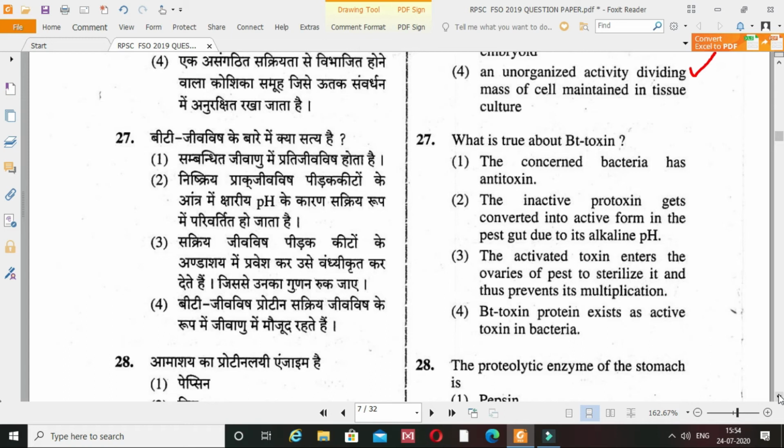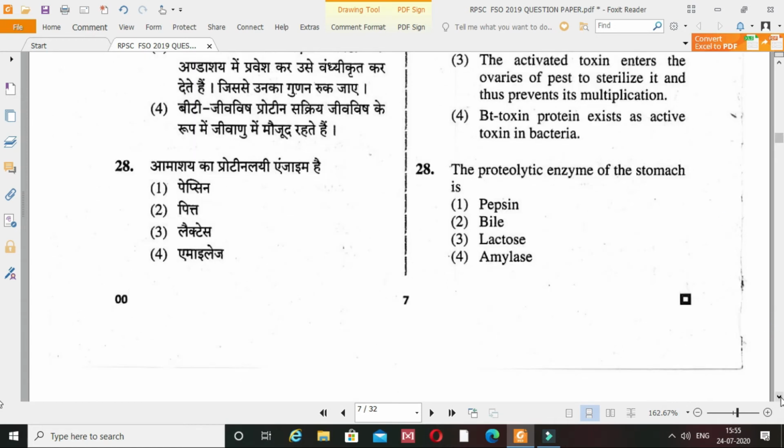Bt toxin protein exists as active toxin in bacteria. Here the answer is 2. The inactive protoxin gets converted into active form in the pest gut due to its alkaline pH.